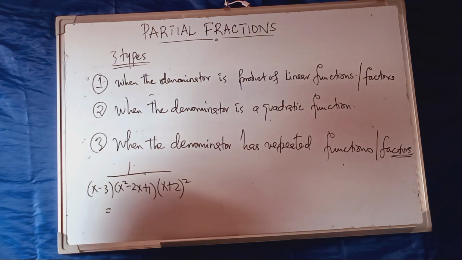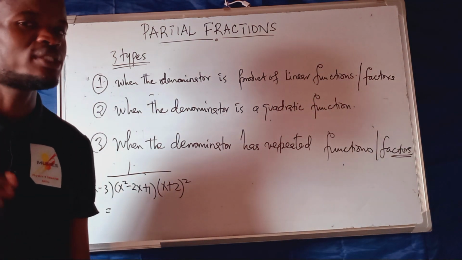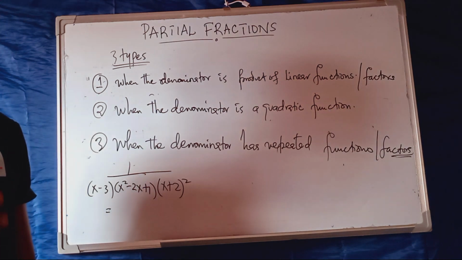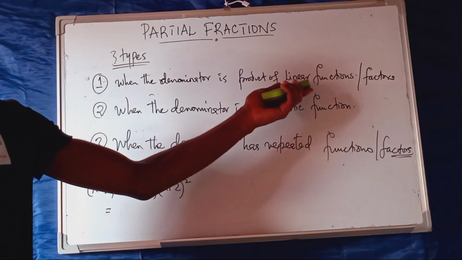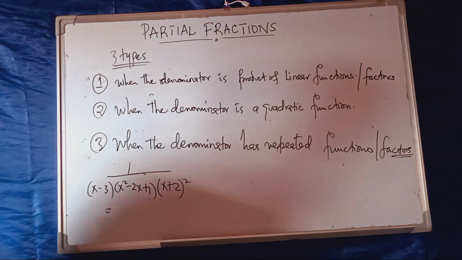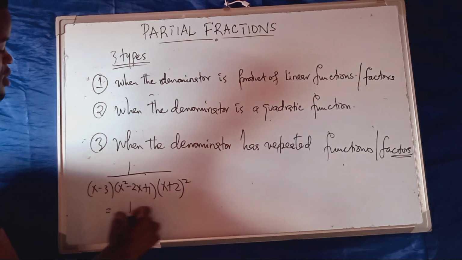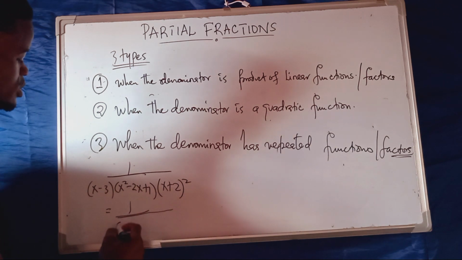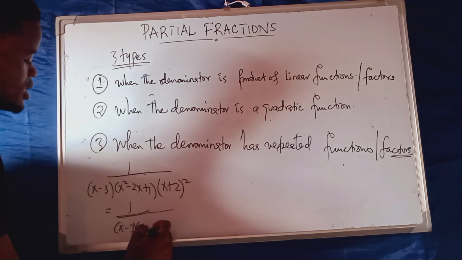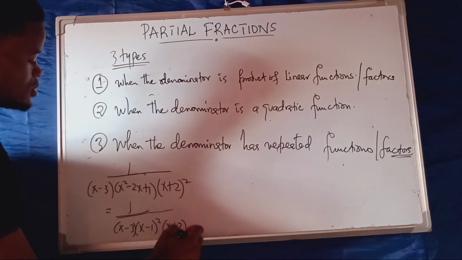Whenever you have a quadratic function down there, first check if this quadratic function can be split into linear factors. So for this, this is a perfect square, so this is x minus 3, then x minus 1 squared, x plus 2 squared.